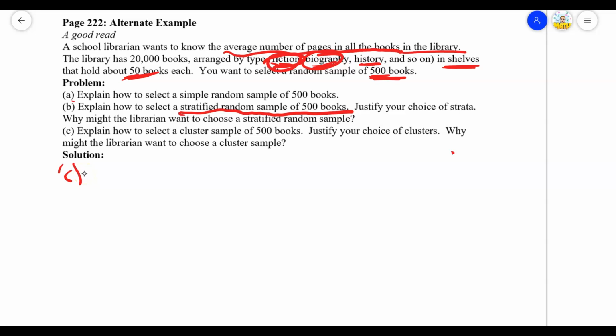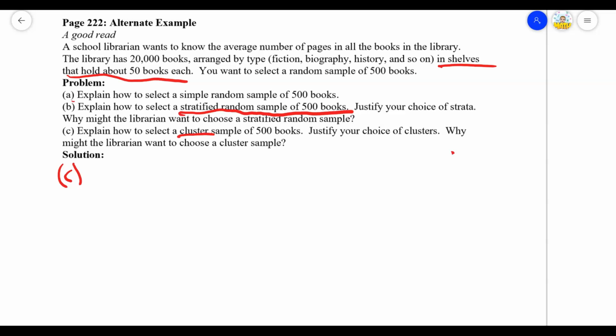Okay, so then the last part asks about how we would do a cluster sample, right? Well, it seems to me like the obvious cluster up here, at least that they tried to explain to me, sorry, I didn't mean to scribble all over that, would be 50 books per shelf, right?